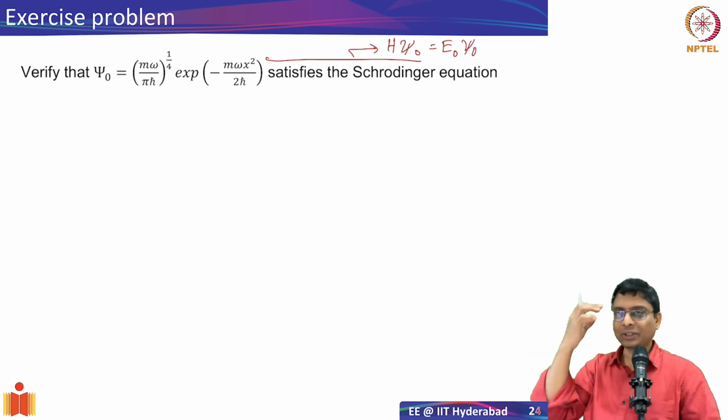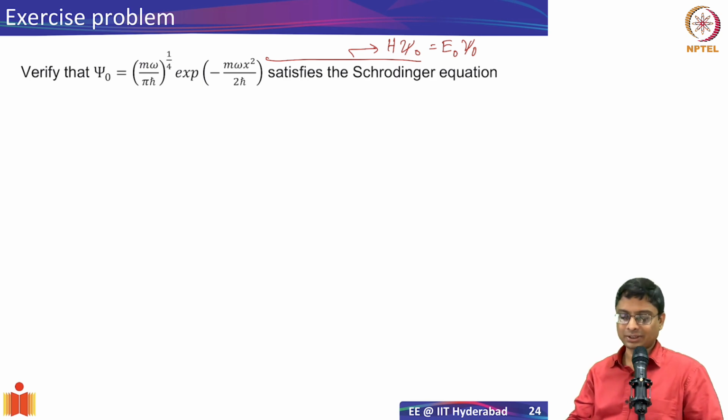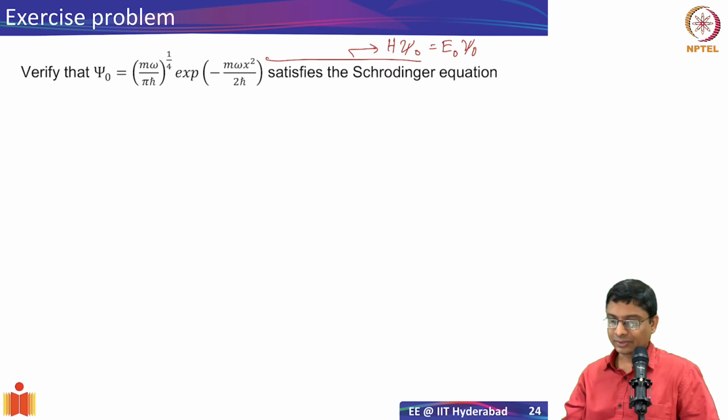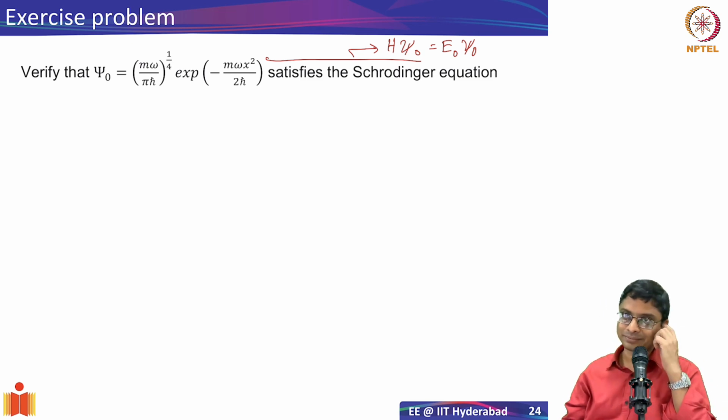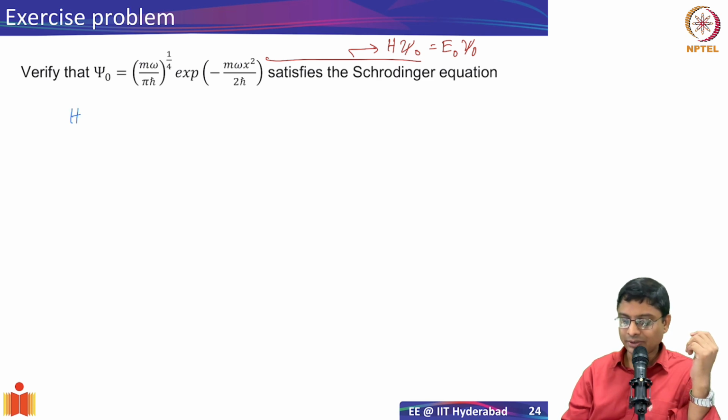So if the Hamiltonian acts on this wave function, I should get that. Now the question is, what is the Hamiltonian? We know the Hamiltonian is given by H equal to P square by 2m. What is P square? P is minus i h cross del by del x.